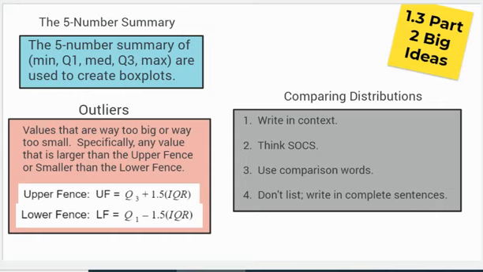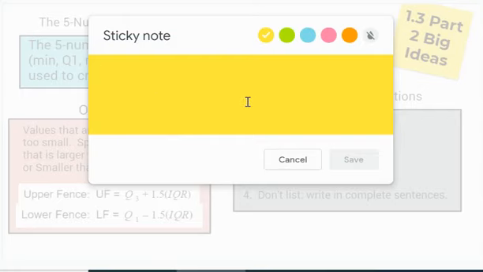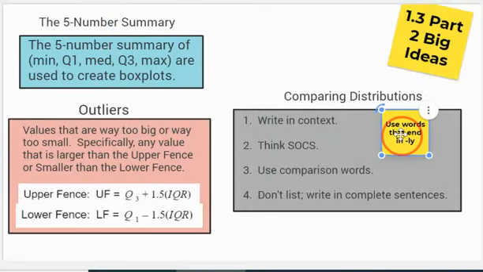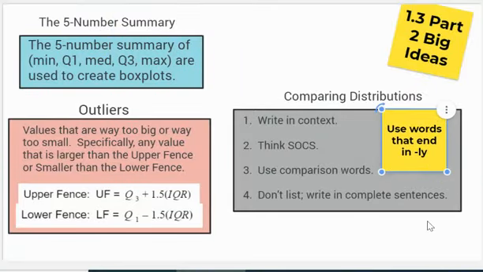Now, there's probably one other thing that I would add to this. When you are describing your distributions, use words that end in ly. Okay, let's say it like this, ly. Words like approximately, words like slightly.